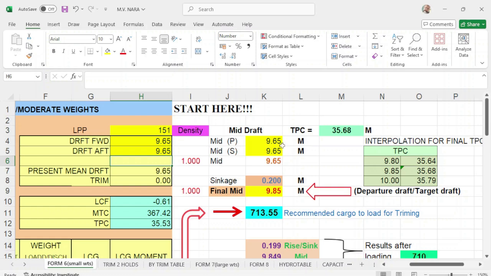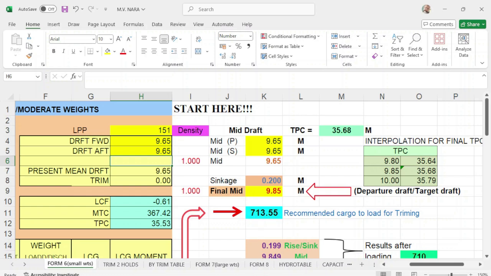So when the ship reaches the drop of 9.65, he will stop loading, and the chief officer and the draft surveyor will compute the remaining cargo to load. The sinkage now is 20 centimeters, and now you will have your remaining cargo to load.